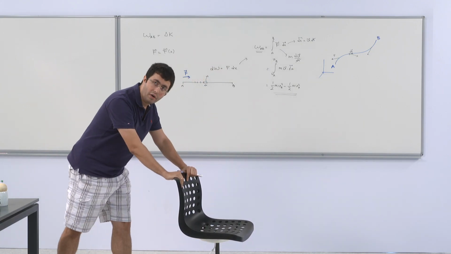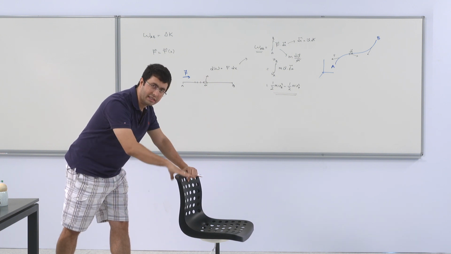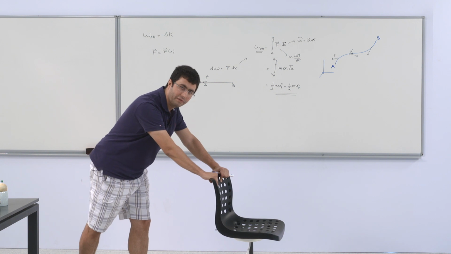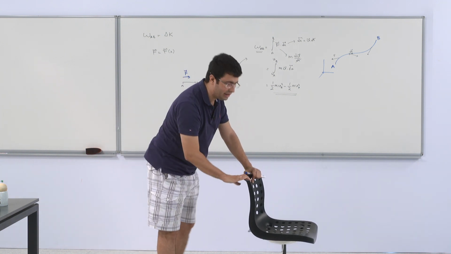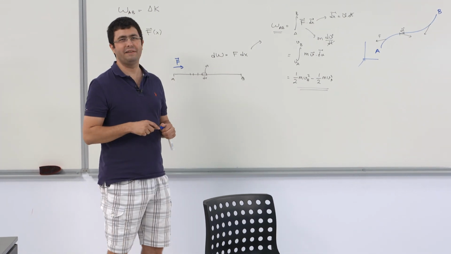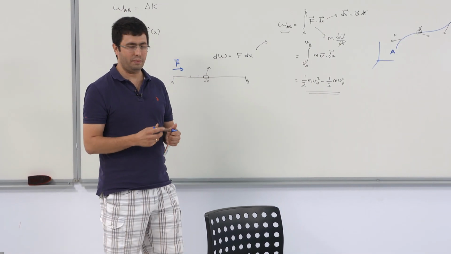Okay? Only the part that's parallel to this displacement does work, like so, right? I'm applying a force on it in both x and y direction, but only the x component of the force does work on the displacement of this chair. And the mathematical operator that does that for you is what you call a dot product.